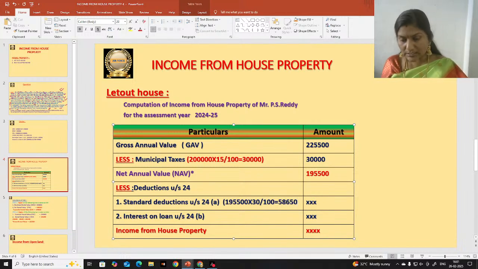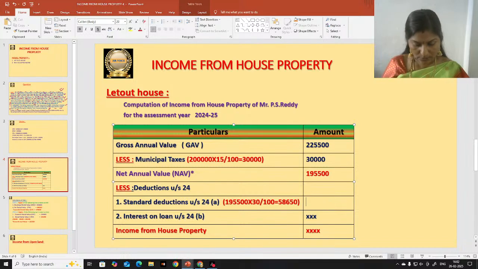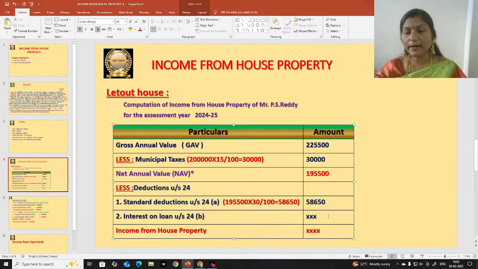Okay, so this is standard deduction. Let me record that in the amount column. Hope everyone understood this calculation. So 58,650. Okay, so I recorded standard deduction amount also in the amount column.